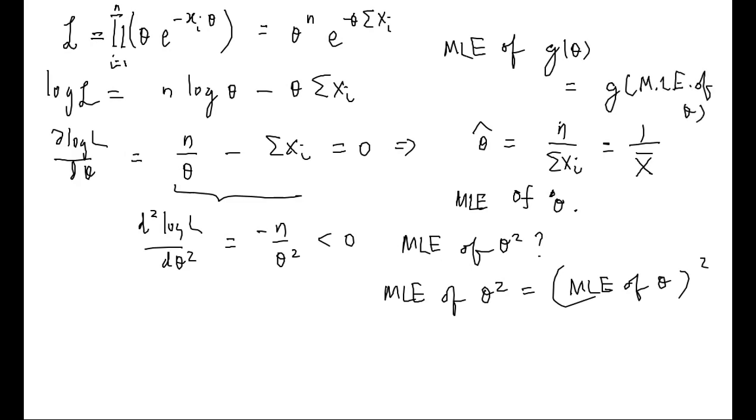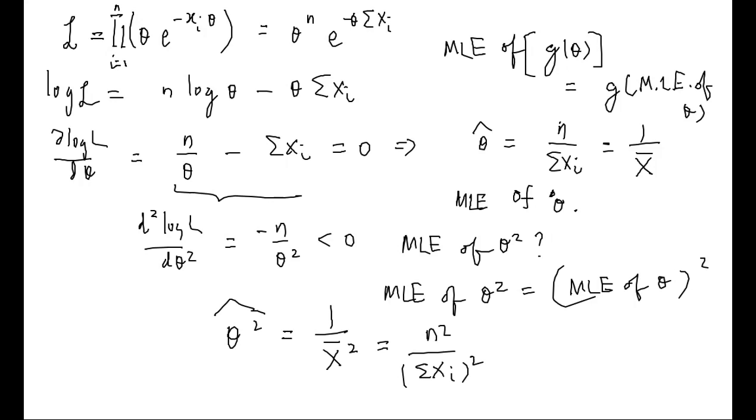So the MLE of this function is basically the function of the MLE of theta. So basically the maximum likelihood estimator for theta square is equal to 1 over x bar square, which is basically n square over summation xi square. Okay, so this is your MLE.